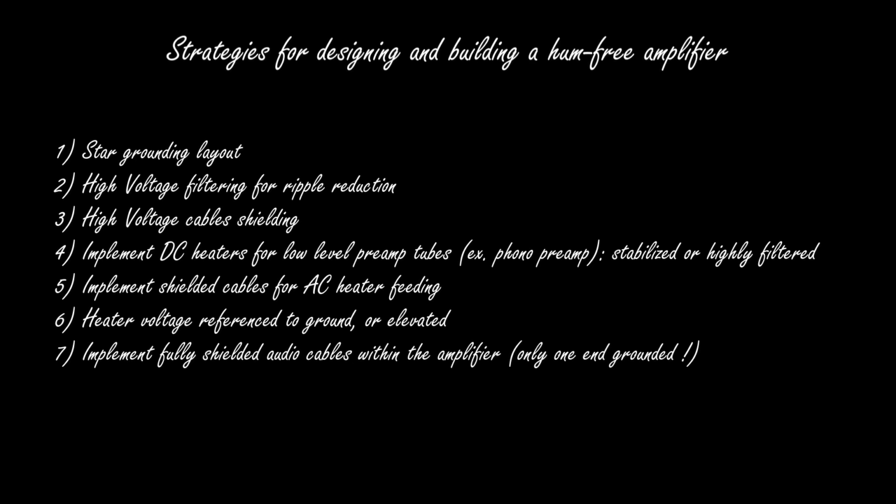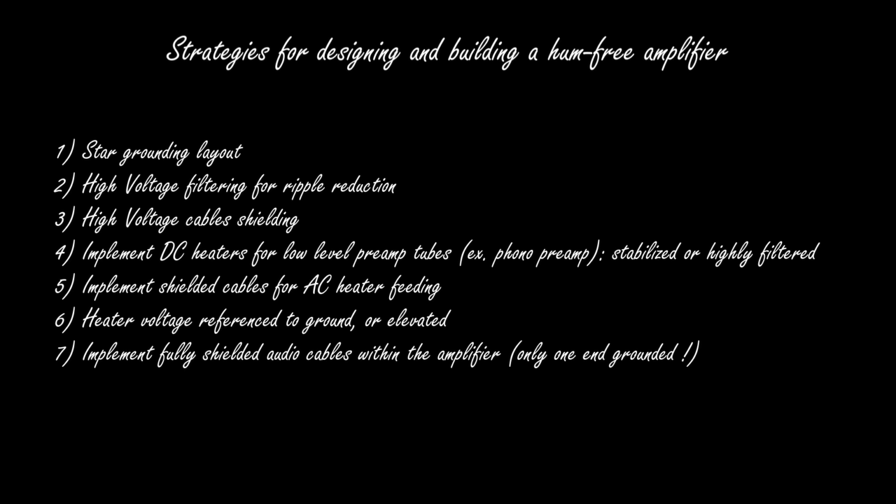Of course, all internal cables feeding audio signal should be shielded, and this is a measure which prevents the audio signal from picking up noise from the environment. As I said before, it's very important that the shield of the shielded cable gets connected to the central grounding point on one end only.